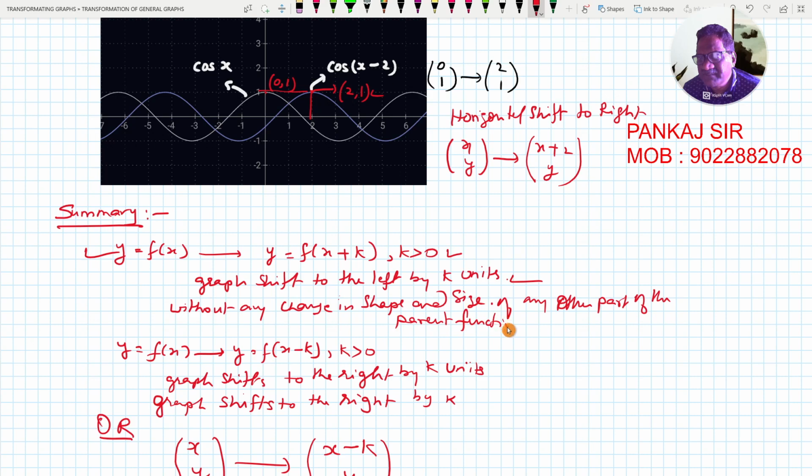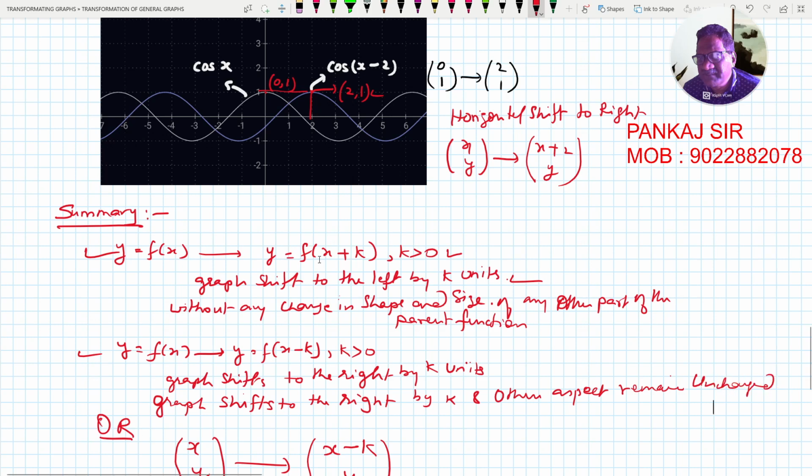And when y is equal to f of x is transformed to y is equal to f of x minus k, where k is a positive number, then the graph shifts to the right by k units, and the other aspects remain unchanged.